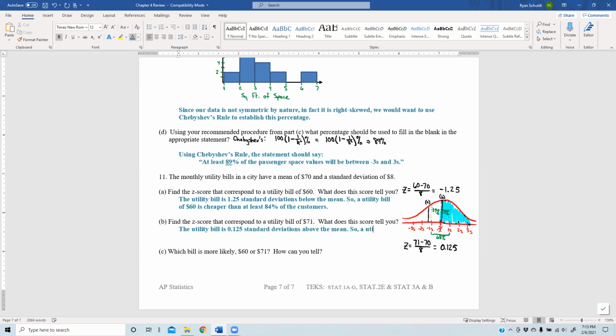So a utility bill of $71 is cheaper than approximately, I can't say at least because it's not at least, it's really close to about half, 50% of the customers.